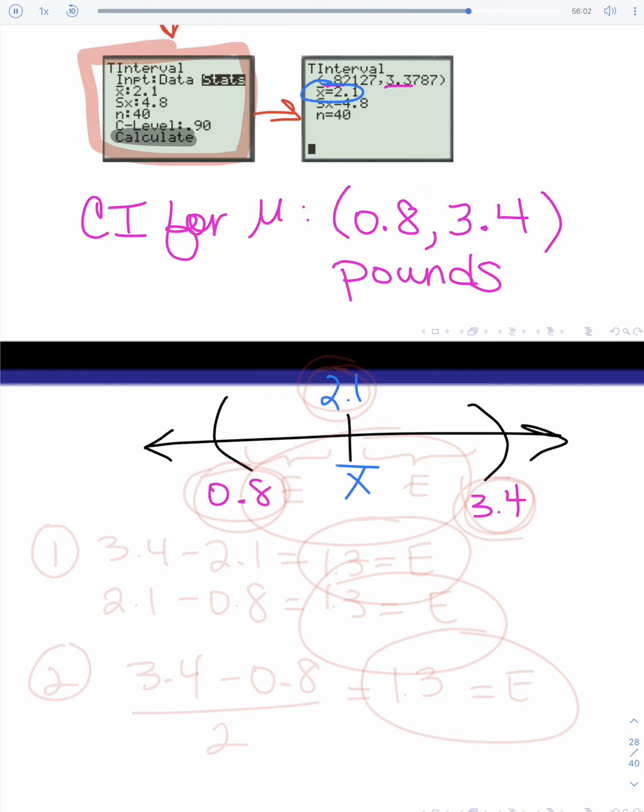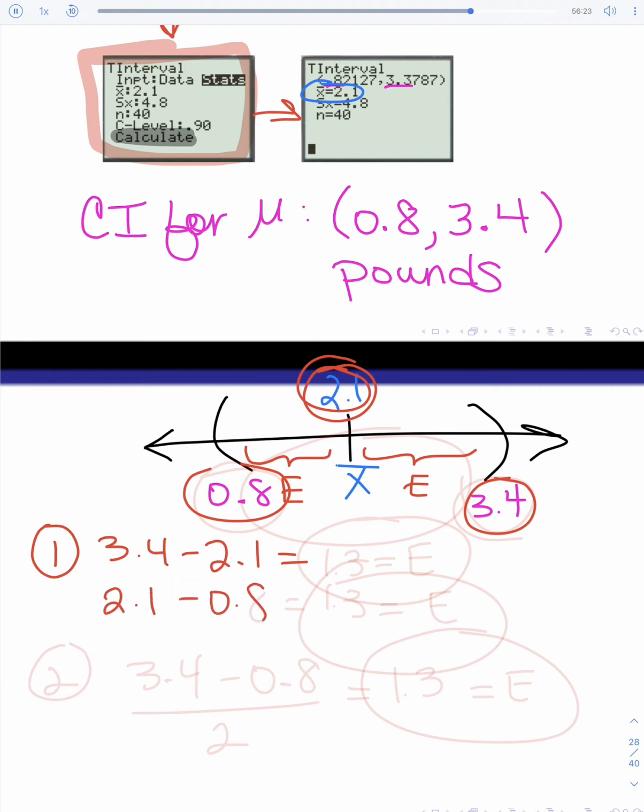So you can find the error by taking 3.4 minus 2.1. That's one way of doing it. Or you can do 2.1 minus 0.8. Either way, you can figure out what the error is.